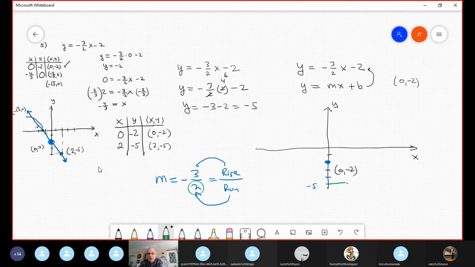Look at that. And rise is negative 3. And we get this point, by the way, which is the point 2, negative 5. Wow, exactly the same. We get here. Look at that. And we connect this point with the line. And we get the same line using another way, another idea. This is fantastic, guys. Fantastic.